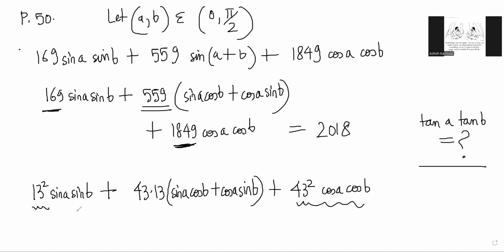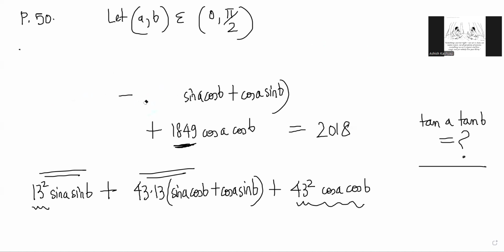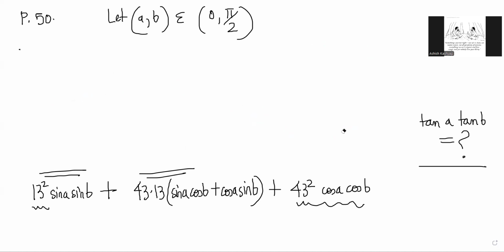This is a classic situation where you do middle term factorization, like in algebra. If I take this term and this term, I will take 13 sin A common, right? Everybody has learned this in class 8 or 9. Basically, I will take the first two terms, I will take 13 sin A common.